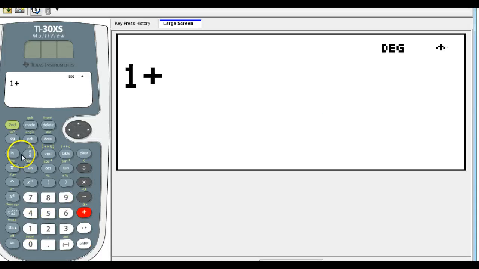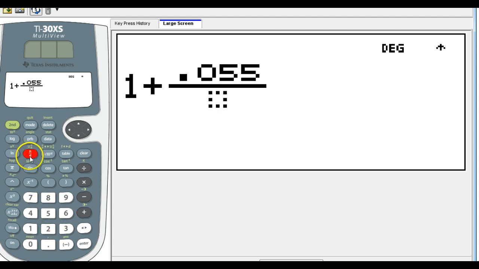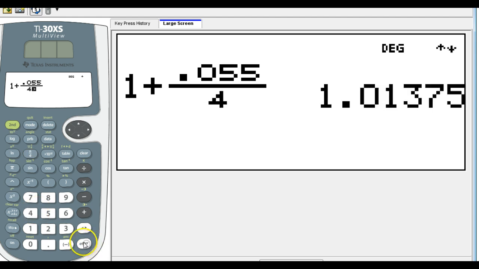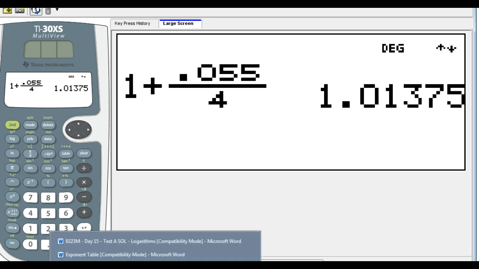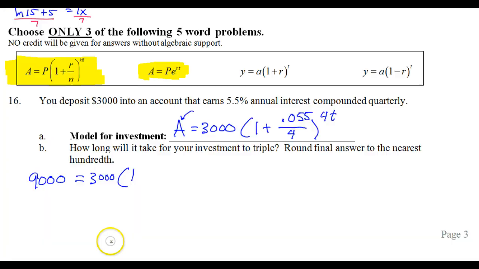Okay, you know what? I'm going to keep all of these decimal places. 1.01375, to the 4t power.